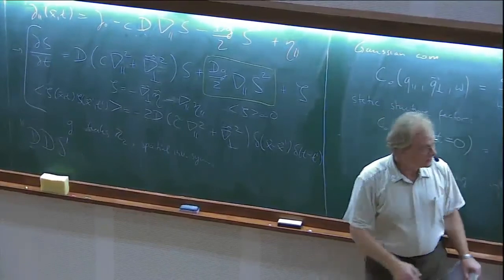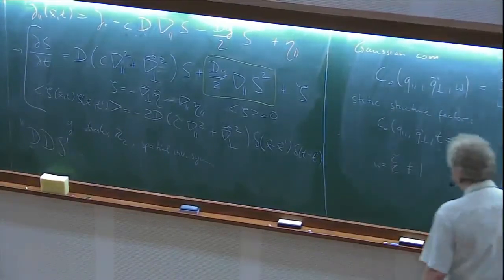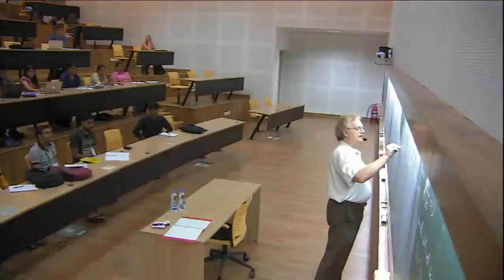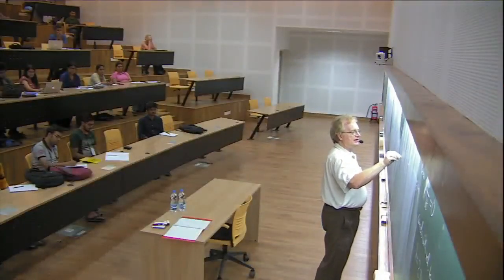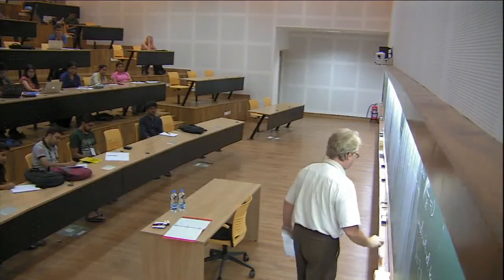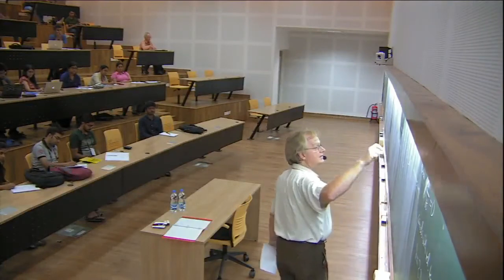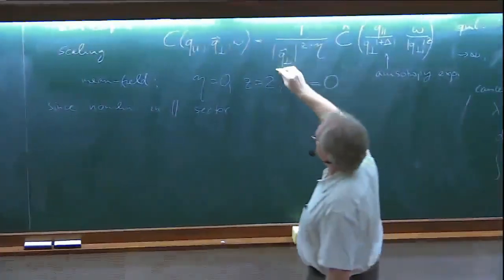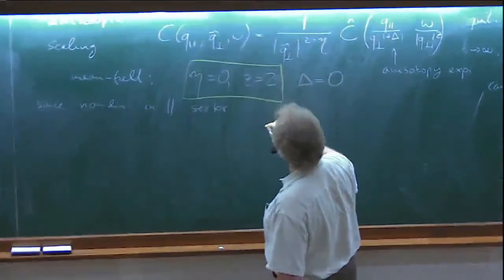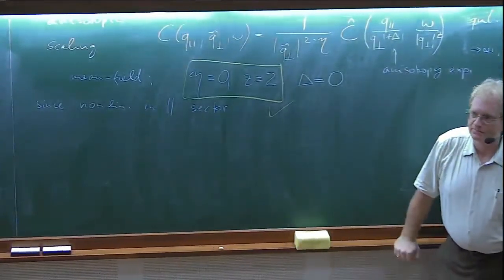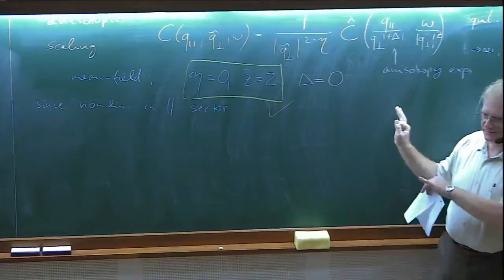So the way I wrote these exponents, since nonlinearity only shows up in the longitudinal sector, I know that nothing is ever going to change this eta and that z. So this is not a mean field answer. This is the exact answer, the way I define these things.